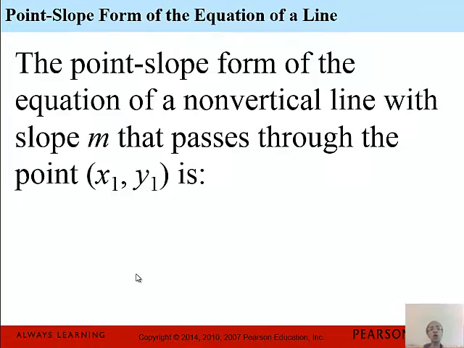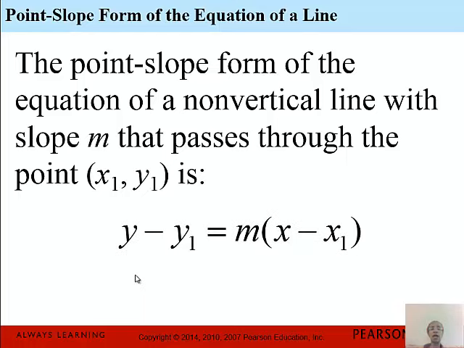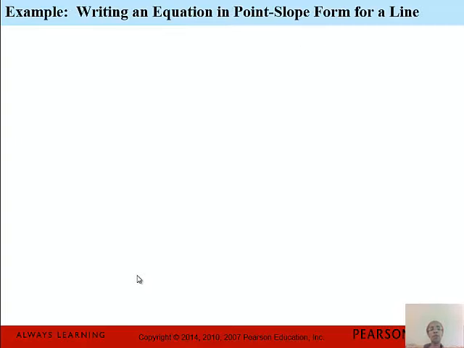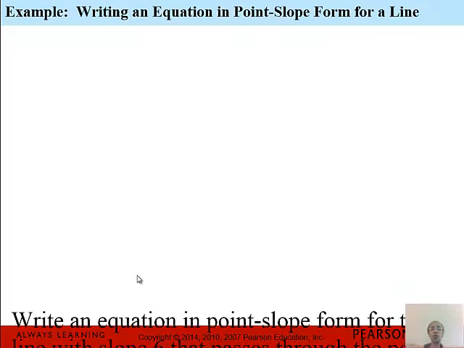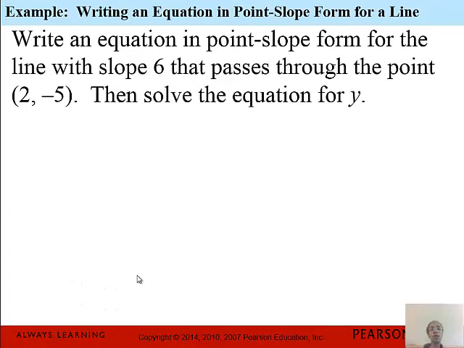The point-slope form of the equation of a line that is not vertical with slope m that passes through the point (x1, y1) is y minus y1 equals m times (x minus x1). So let's look at an example of writing an equation in point-slope form.